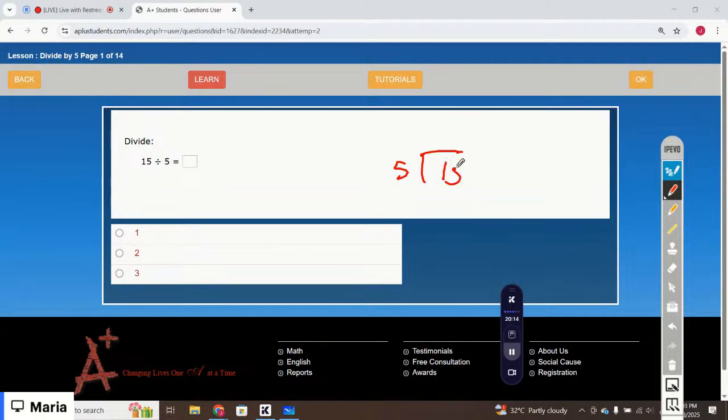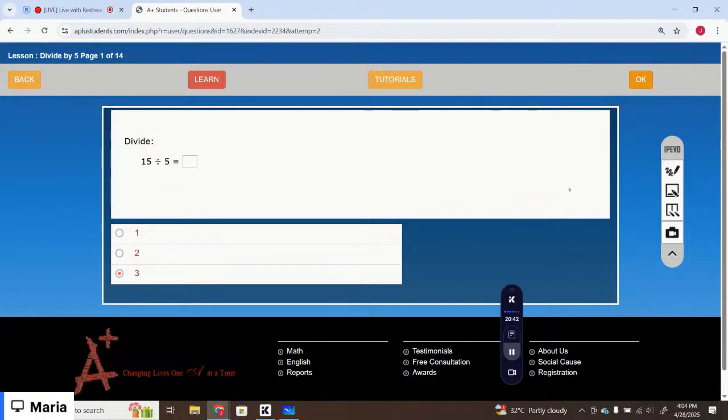So let's just count the table of 5 until 15. 5 times 1 is 5, 5 times 2 is 10, and 5 times 3 is 15. So which is the correct option? You have to go 5 times 3. 5 times 3 is 15. Option number 3 is the correct option. The answer is 3.